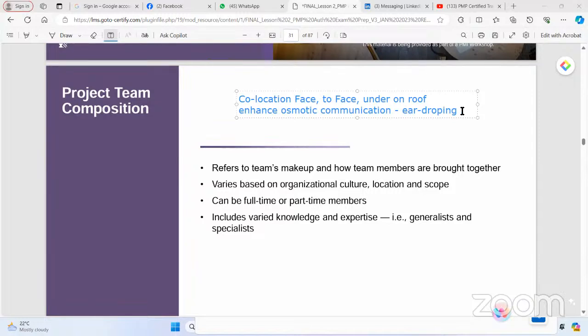So a person sitting next to them, who has nothing to do with that task, chips in and adds some information to the conversation, right? So this really enhances communication and decision making, and this is a perfect term, introduced because it enables osmotic communication to happen between the teams which are co-located at one place. Interesting, right?